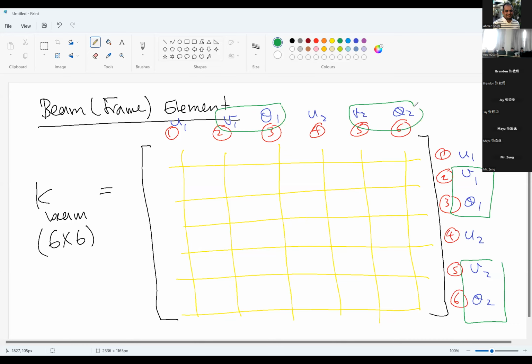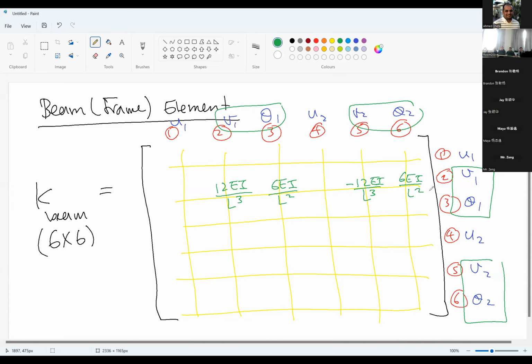So here we had in the last step 12EI divided by L to the power 3, 6EI by L square, and here negative 12EI by L to the power 3, 6EI by L square.